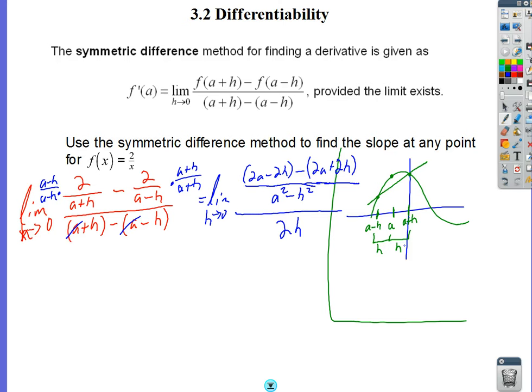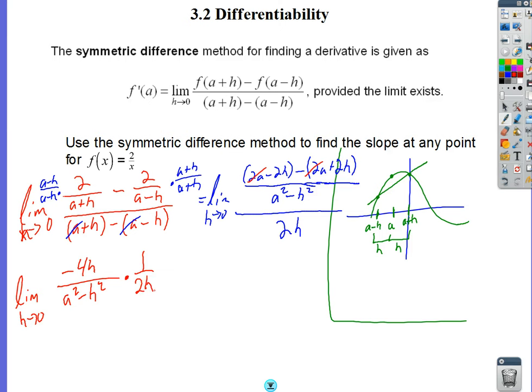I'm going to go ahead and simplify the top now. When I do that, that becomes the limit as h approaches 0 of, well, 2a minus 2a goes away. Negative 2h minus 2h is a negative 4h, all over a squared minus h squared, times 1 over 2h.